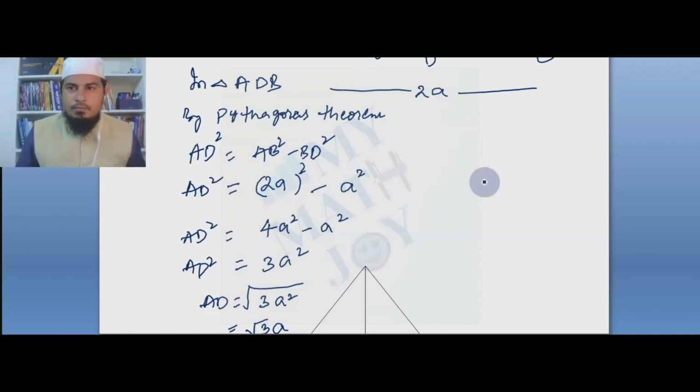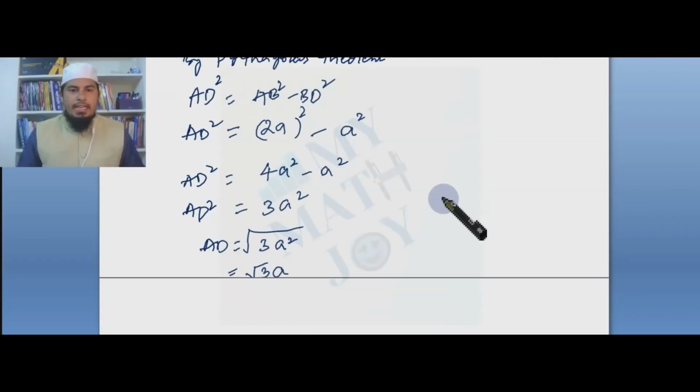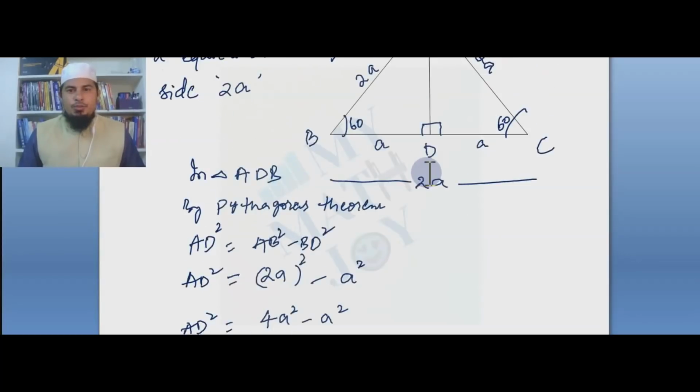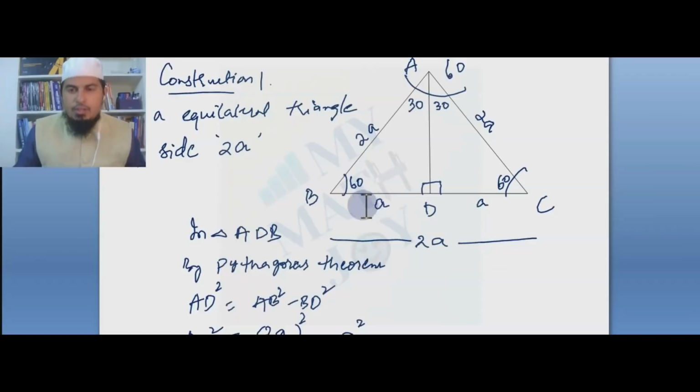Okay, let us push this triangle downside. So we got AD value as root 3a. Let us substitute root 3a in place of AD.